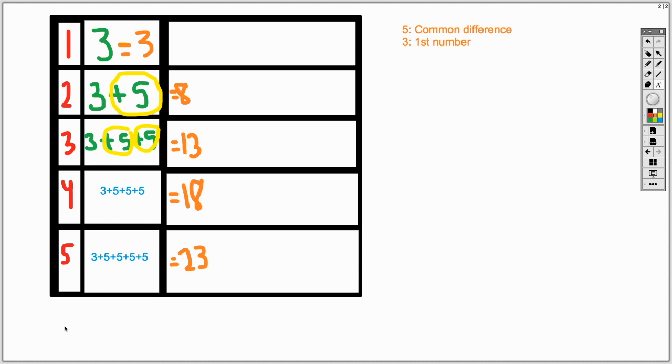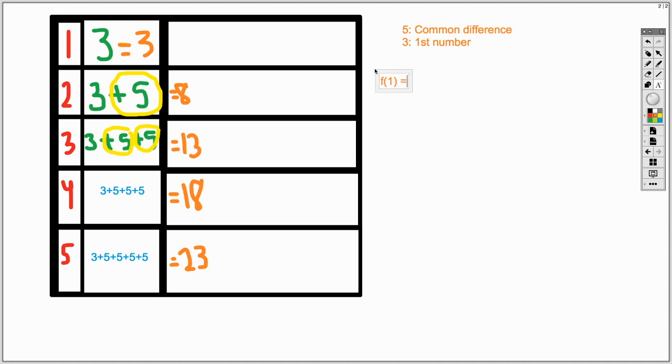I would have to add 5 forever. With the 5th number it still works, but imagine finding the 23rd. If I could make an equation out of it, it would make things a lot easier. I'm just going to write the equation out and then explain how we made each part of it.